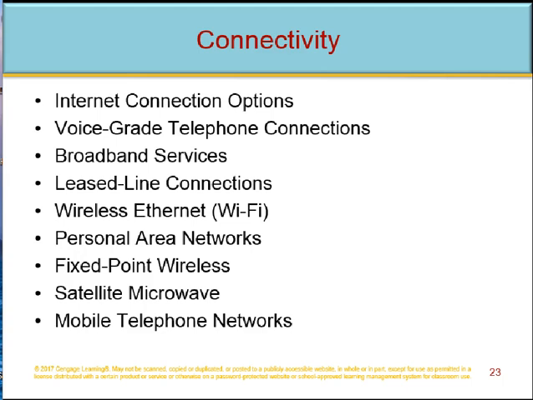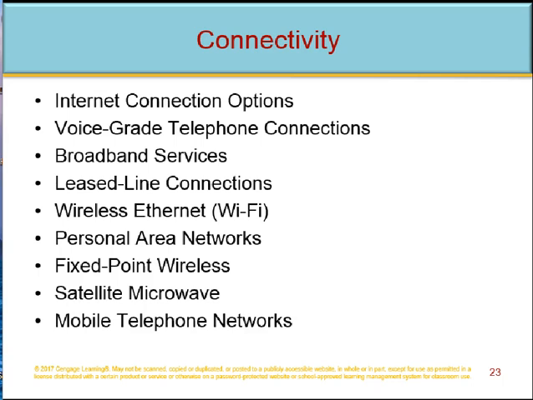Leased line connections. Large firms can connect to an internet service provider using higher bandwidths leased from communication carriers. They're classified by the equivalent number of telephone lines, and a DS0, digital signal 0, carries one digital signal of 56 kilobits per second.